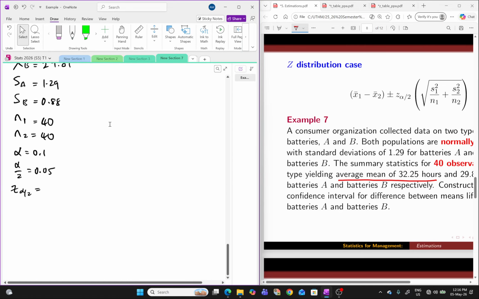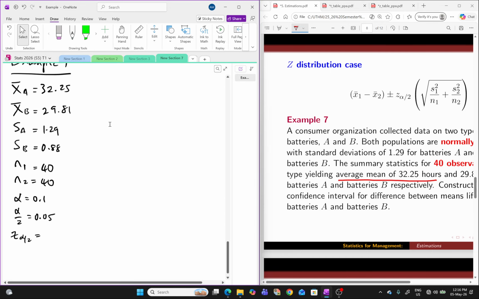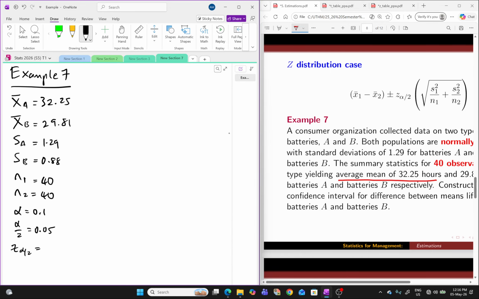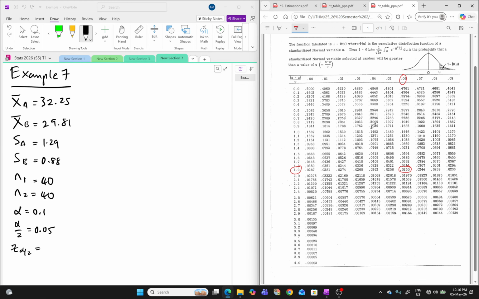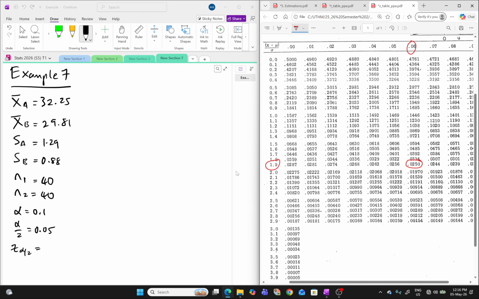So ini bukan 99, ini bukan 95, ini apa? 90. So it's 0.05. Go back to the table. Here, you can take this one or this one.